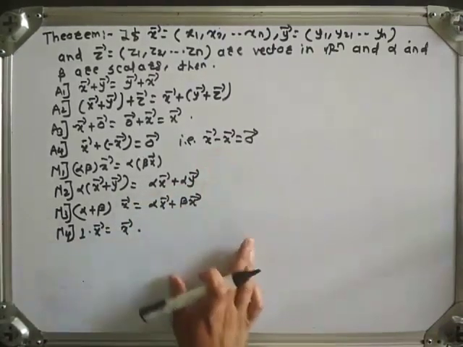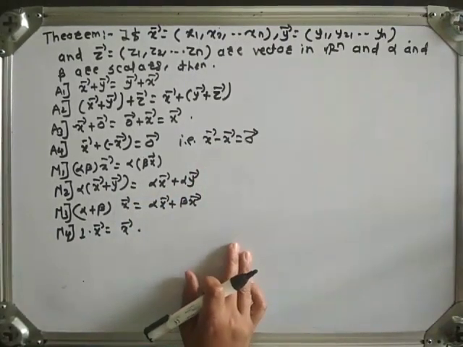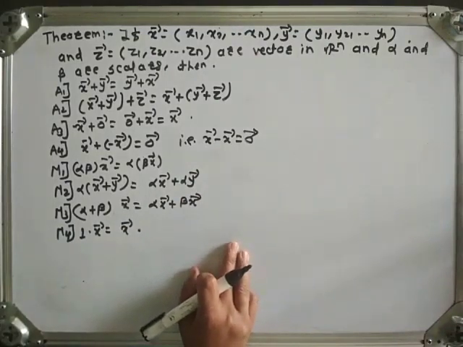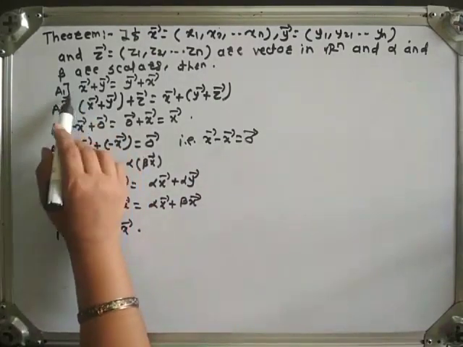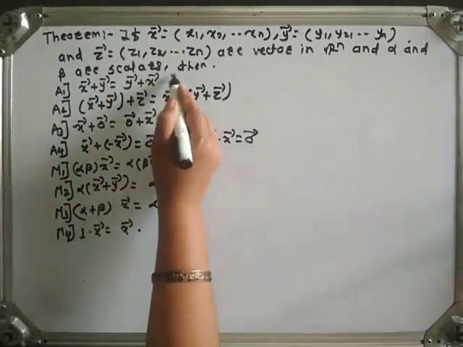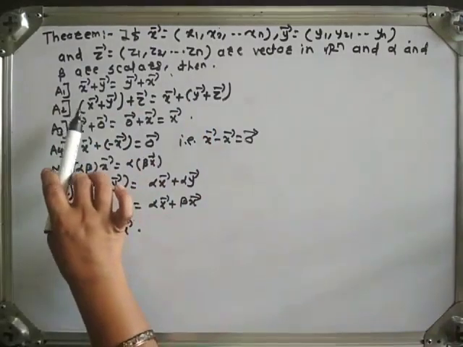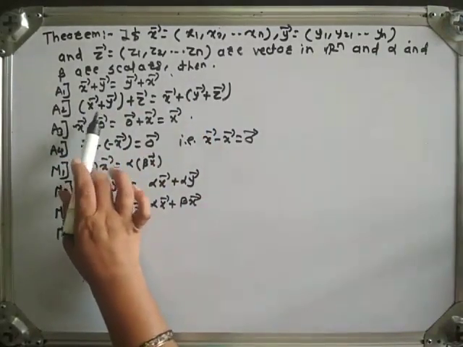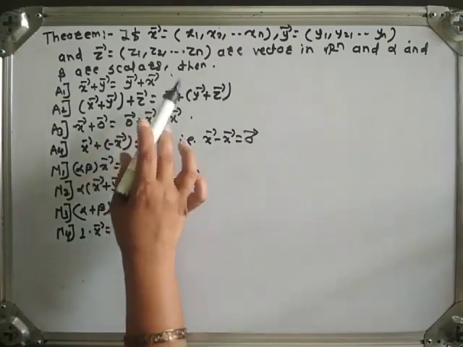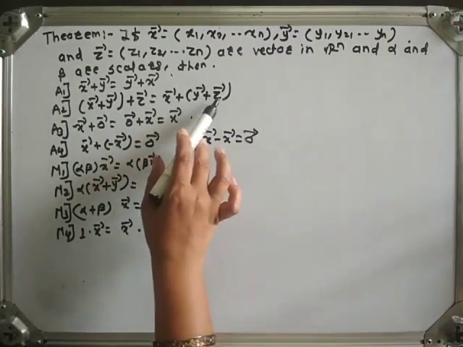These are the properties of addition of vectors and multiplication by scalars in n space. First property is x bar plus y bar is equal to y bar plus x bar. This property is called commutative property. Second property is in bracket x bar plus y bar, plus z bar is equal to x bar plus in bracket y bar plus z bar.